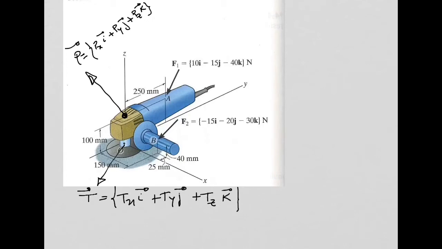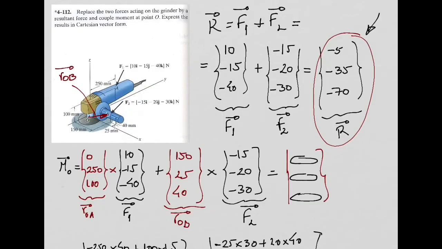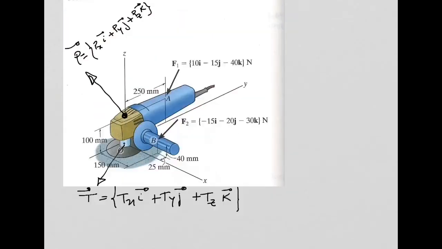So at the end, we need to have the resultant of the forces equal to 0, and the summation of the moments equal to 0 as well. From these equations, we will obtain 6 equations: 3 for the forces, 3 for the moments. And from these 6 equations, we will be able to calculate the 6 unknowns, which are Px, Py, Pz, Tx, Ty, Tz. We will have a system of 6 equations for 6 unknowns.